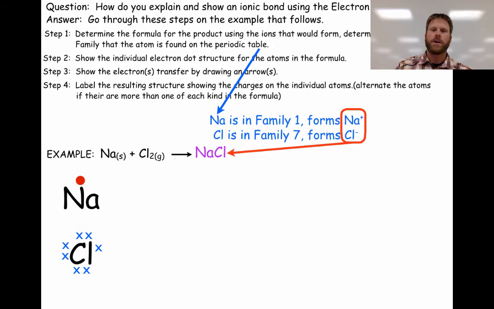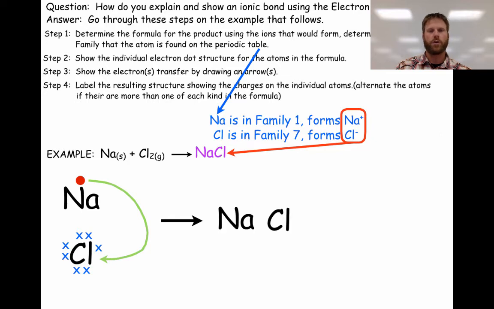That one sodium electron is going to be transferred to the chlorine, and that leaves sodium as just simply Na+. And chlorine now has gained that electron, which we will represent with a red dot, and now it is Cl-. So we've represented the formation of an ionic bond using the electron dots.